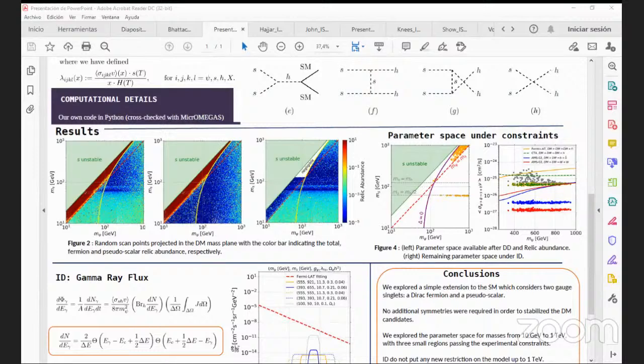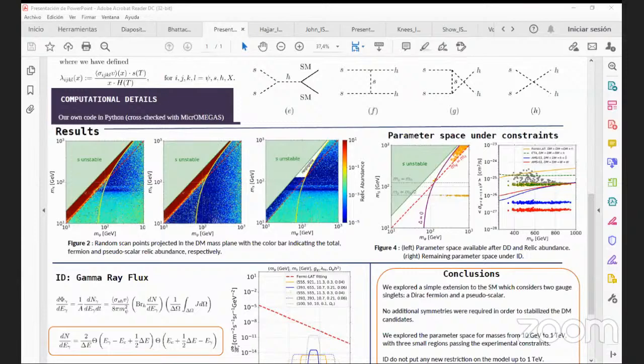And as you can see, the color indicates the relic abundance, and the left plot is the total relic abundance. The middle plot represents the abundance of the fermion, and the last one the pseudoscalar. There are some details here that I'm not going to enter into.